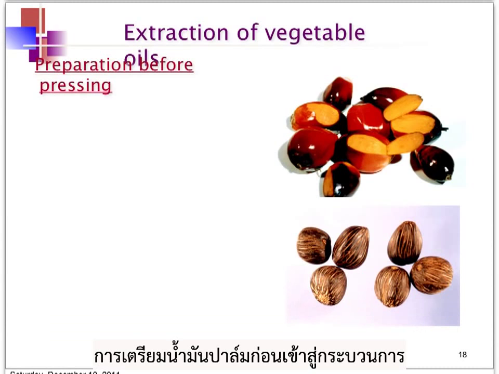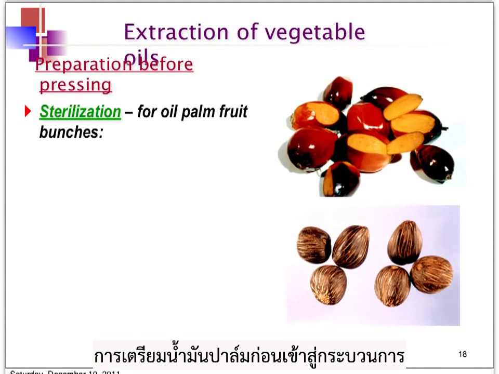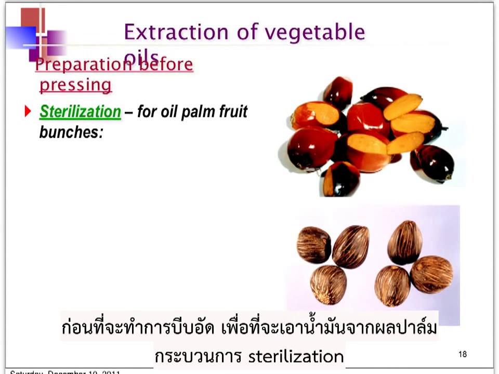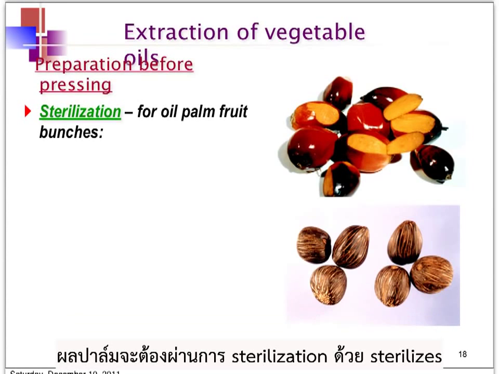For the preparation of the oil palm fruits before processing, usually they go through the sterilization process. Before pressing out the oil from the oil palm fruits, the first step is sterilization in the sterilizer.